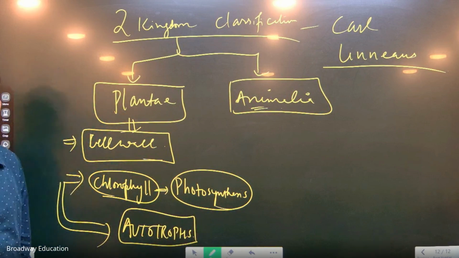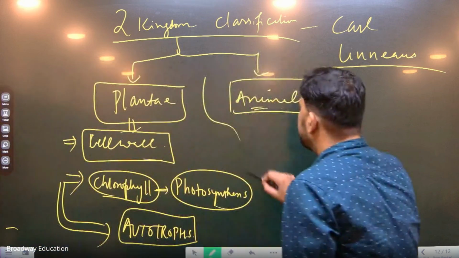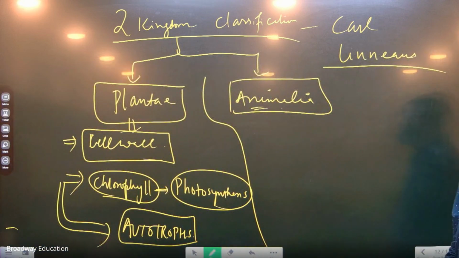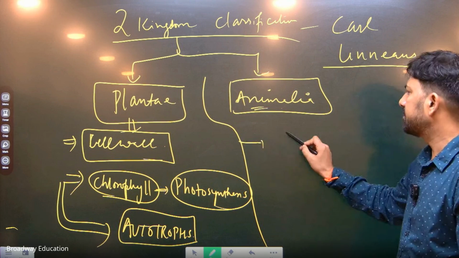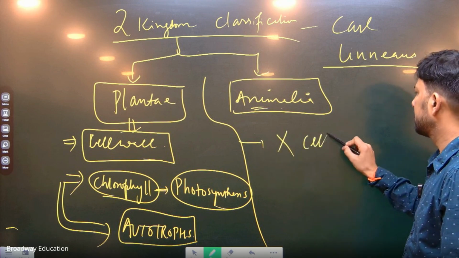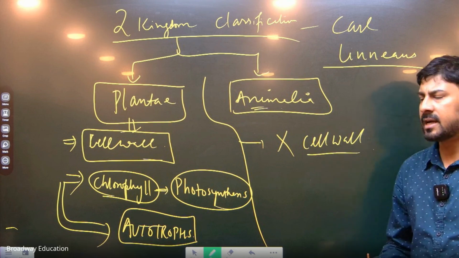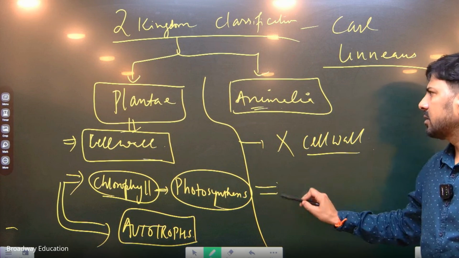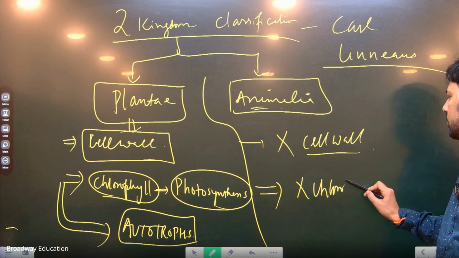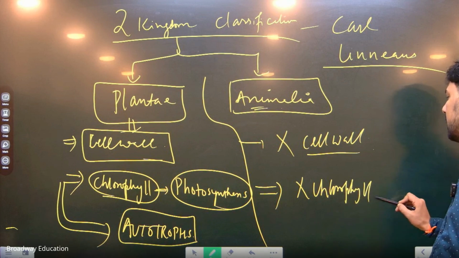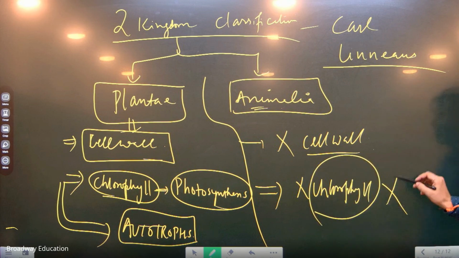Is this clear with everyone, friends? Now, with respect to Animalia, he said that these animals don't have cell wall, so they have absence of cell wall. Clear? Second, he said that chlorophyll in Plantae, they don't have chlorophyll. So when they don't have chlorophyll, they will not perform photosynthesis.